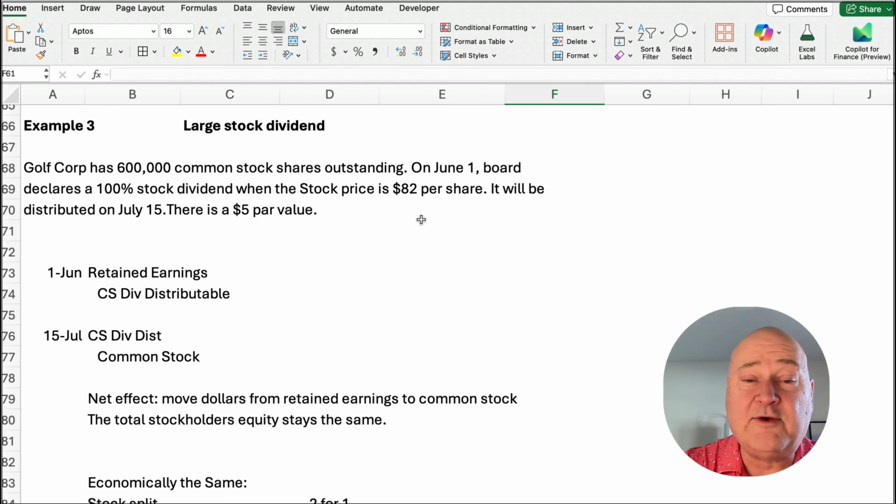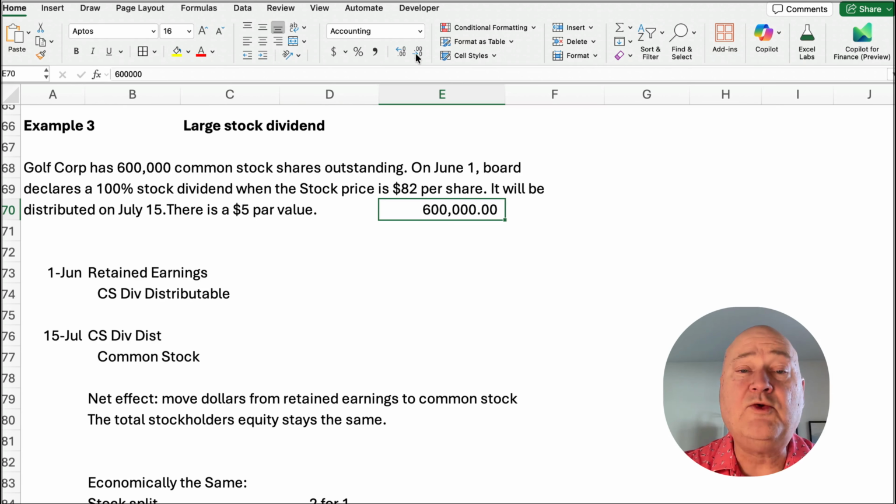We do not know what the stock price is going to be at this point because it doubles. What they'll do on the stock exchange is take the 82, divide it by 2 because it's a 100% stock dividend, and reset it at 41, and then it's free to trade up or down based on that. But for the company, they would record it just at par value.